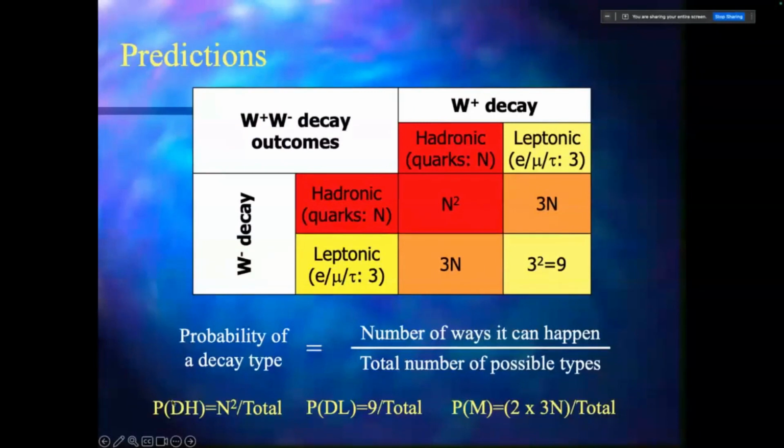And so the probability of a double hadronic decay is therefore proportional to n squared, and it's equal to n squared divided by the total number, which we don't have to write out because it doesn't matter in the end for the calculation. Same goes for the double leptonic, 9 divided by the total number, and then same goes for the mixed, 2 times 3n, so 6n divided by the total. Okay, so these are our predictions.